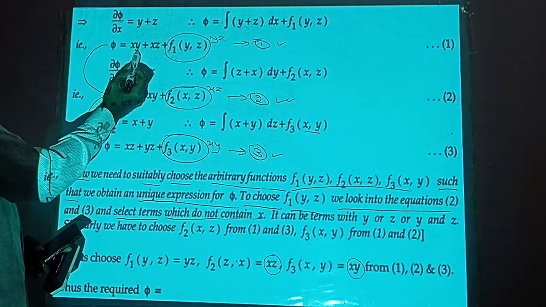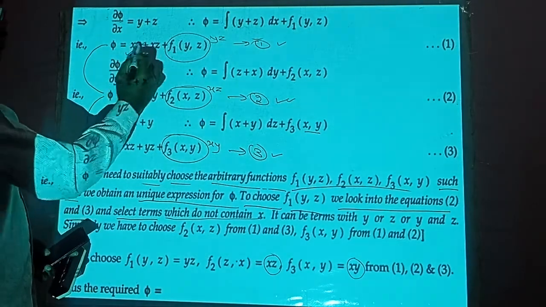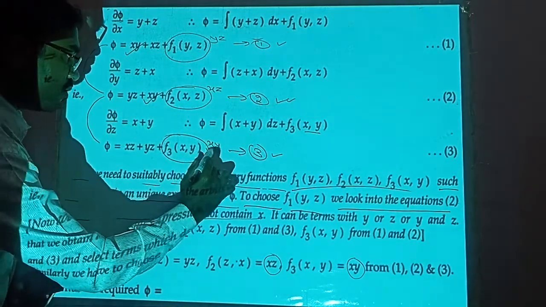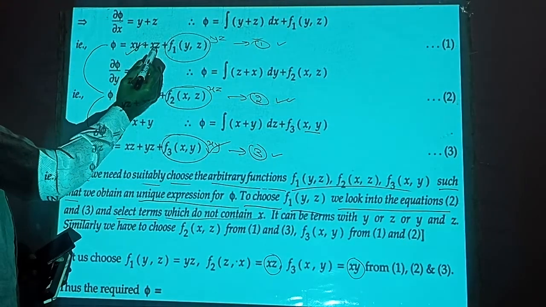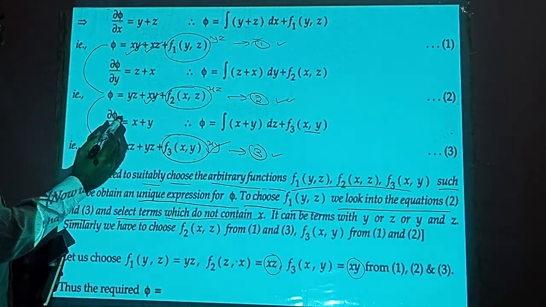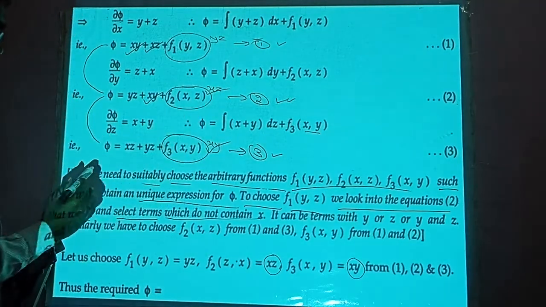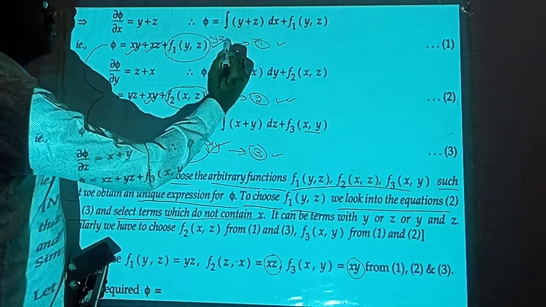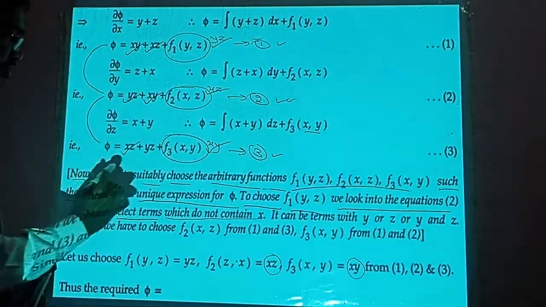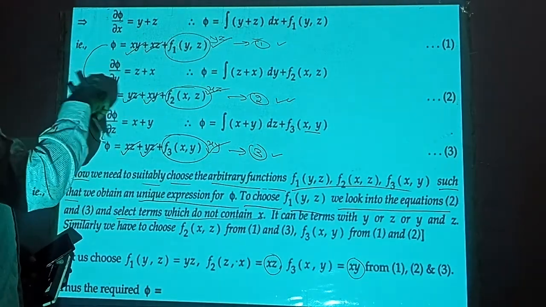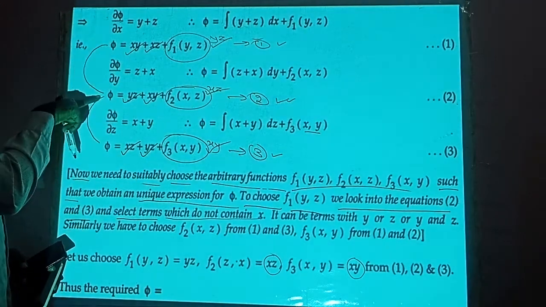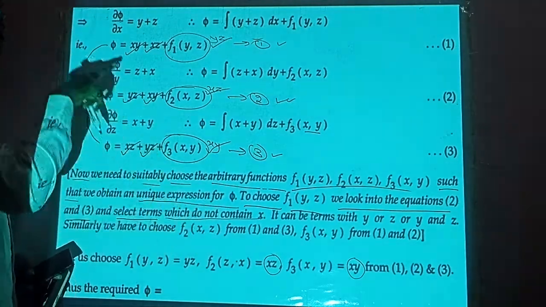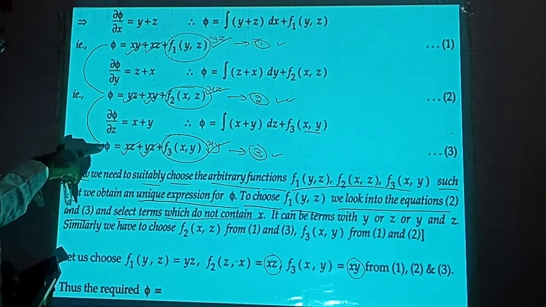How? xy here, then xz here, xz here, then yz here, yz, yz. See, all are same now. This phi is same as this phi is same as this phi. So by using this procedure, we have made phi unique. So we got our phi.